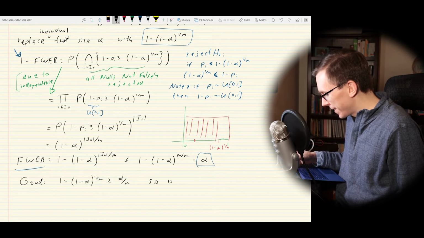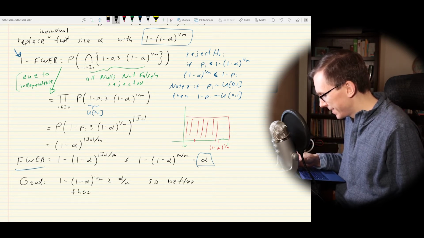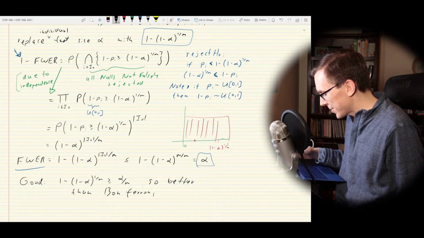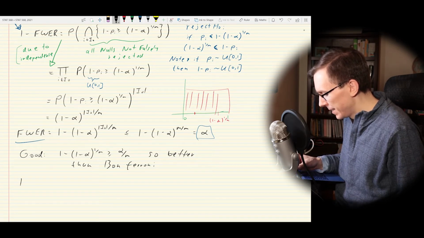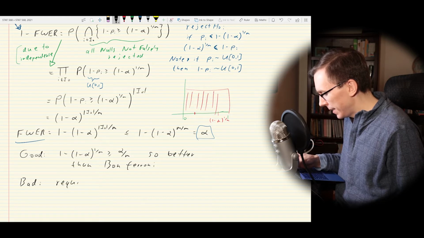So it's better than Bonferroni in the sense that it is less conservative, or will reject more hypotheses. The bad is that we now require independence.